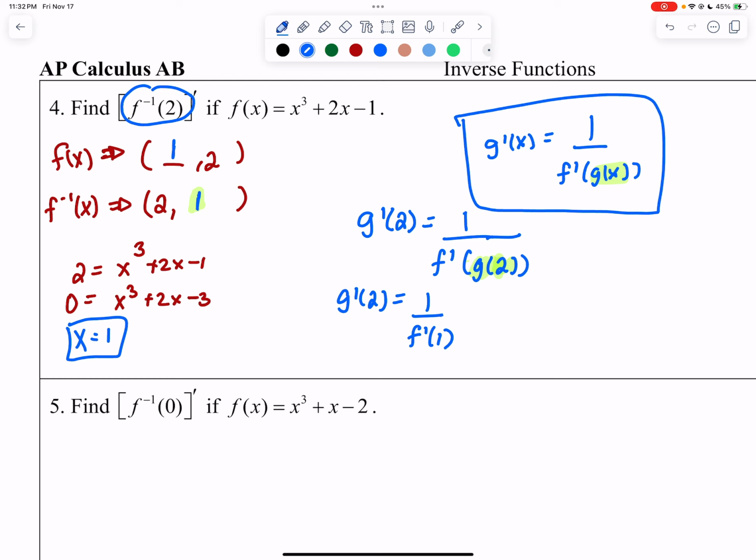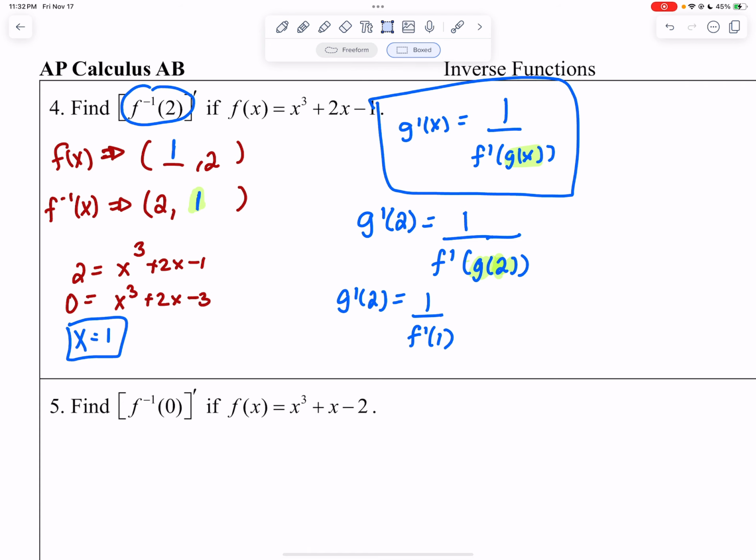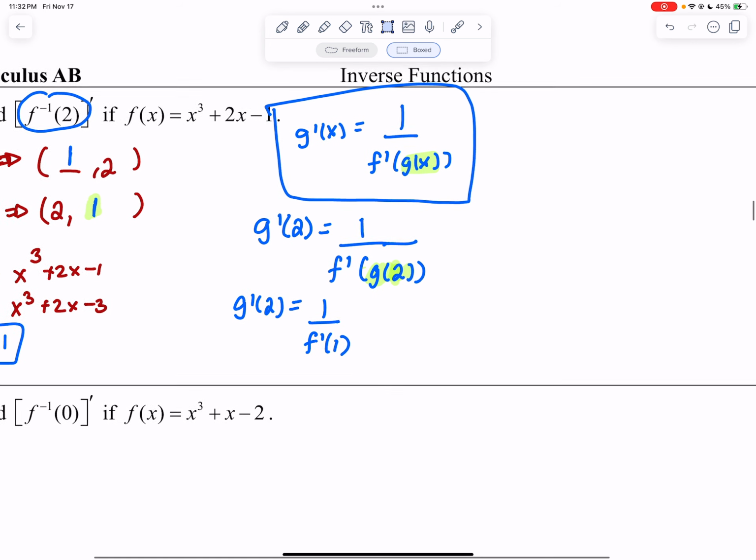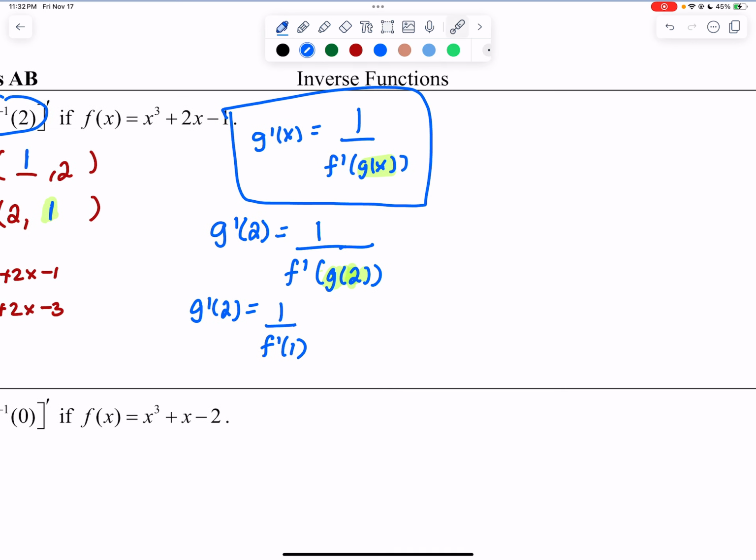Okay, so once we have that, the next thing that we're going to do is take the derivative of f of x to figure out what f prime of 1 is. So the derivative of f of x is going to be 3x squared plus 2. And then if I were to evaluate the derivative at the value of 1, that's going to be 3 times 1 squared plus 2, 3 plus 2, or 5.